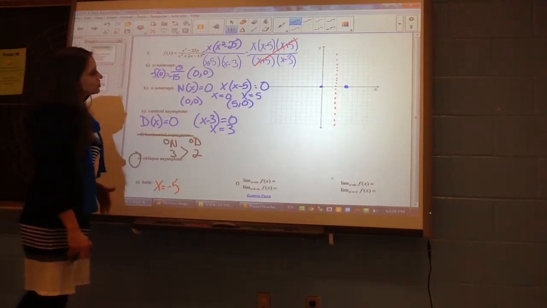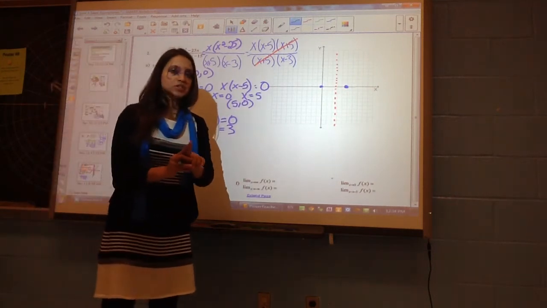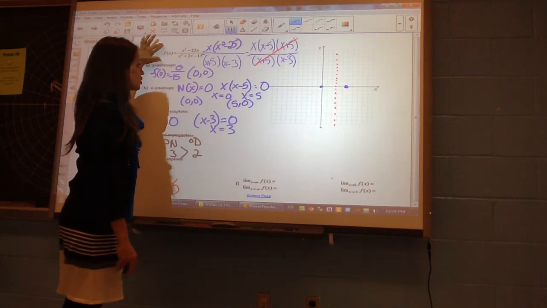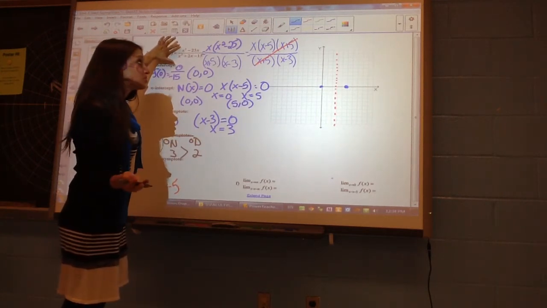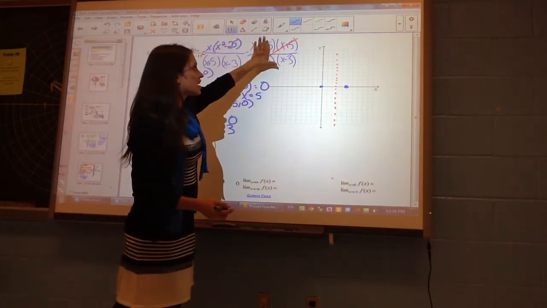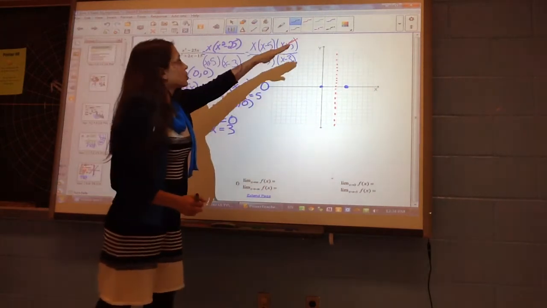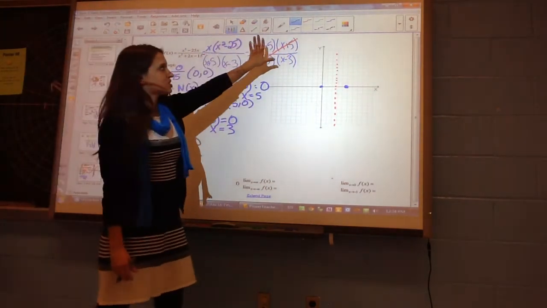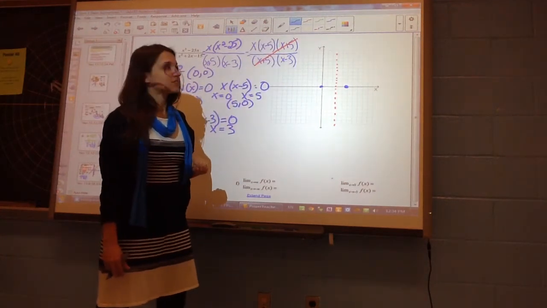Well, I have to do division. You have two options. You could divide using this original function, but then you'd have to do long division. Or you could divide using the simplified version, where we'd already crossed out x plus 5. I'm going to choose to divide this way so I can use synthetic division.